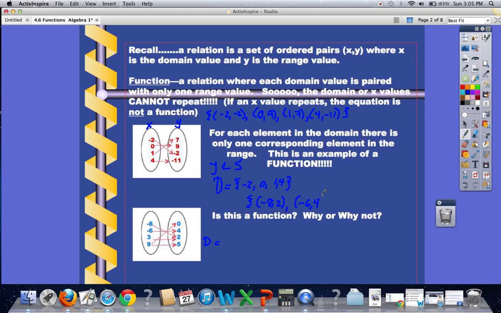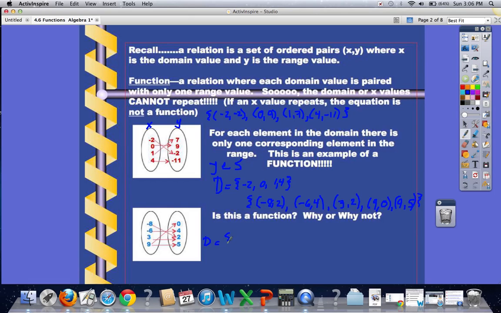And then I have 3 goes with 2. And then I have 9. It goes with, well, there's 2 errors. 9's going with 0. And 9 is going with 5. So there's my relation.